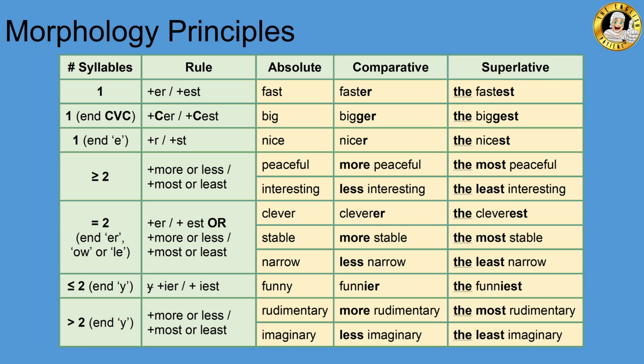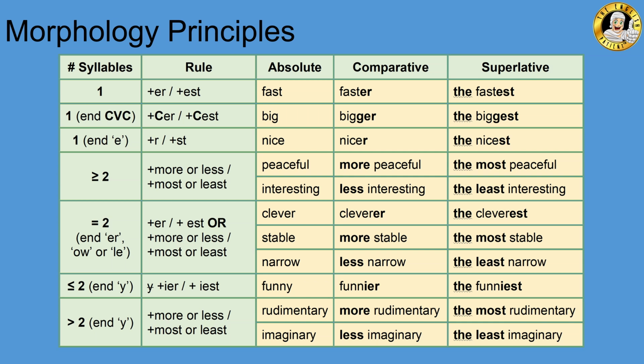However, if you have a one-syllable word which ends in a CVC structure, then typically you're going to double the final consonant and then add ER, or double the final consonant and then add EST. For example, big as an absolute adjective would become bigger with 2 G's and then ER, or the biggest with 2 G's and then EST.